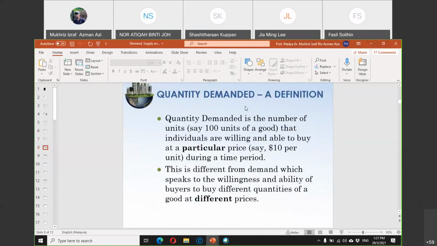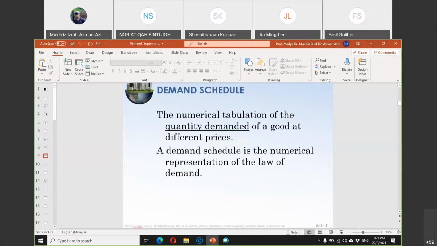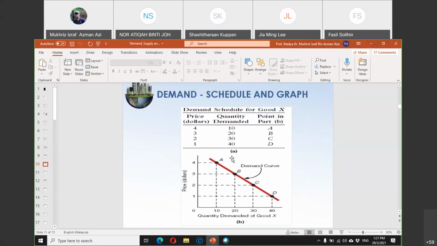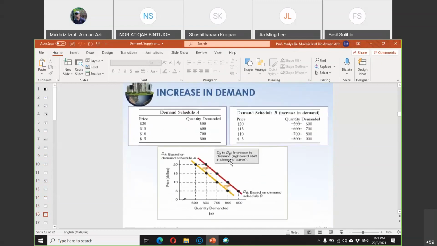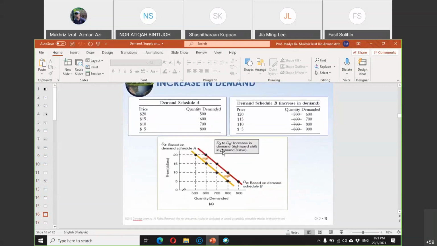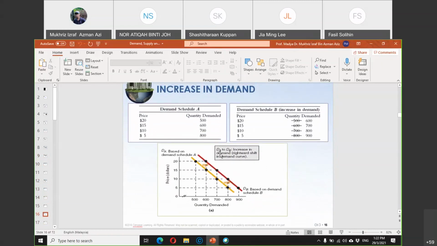And then you need to understand the difference between quantity demanded and the word... okay, let me go to... if you look at slide number 16, I'm just jumping to this slide for a short while, before we go back to the quantity demanded just now.